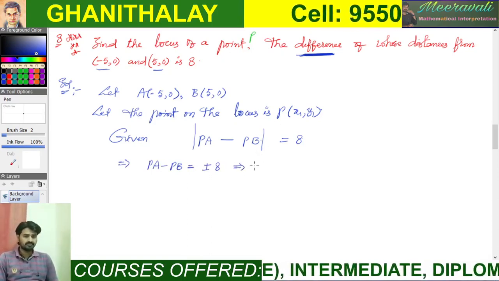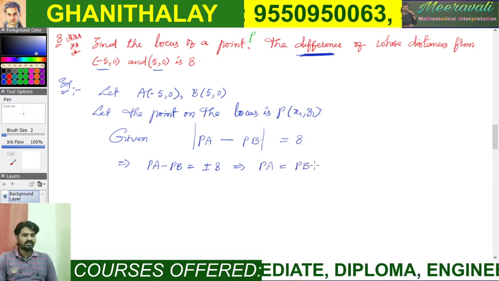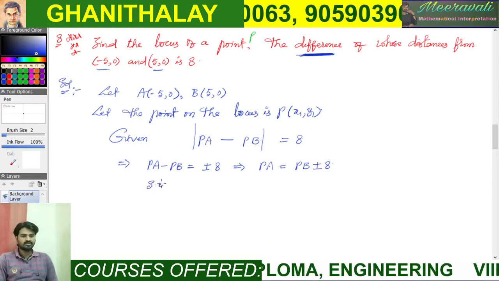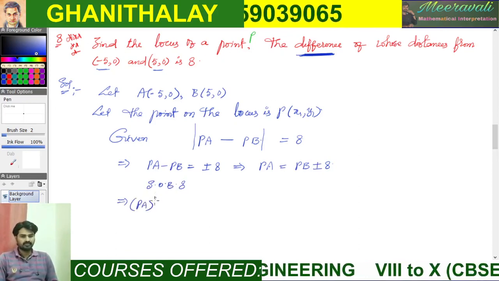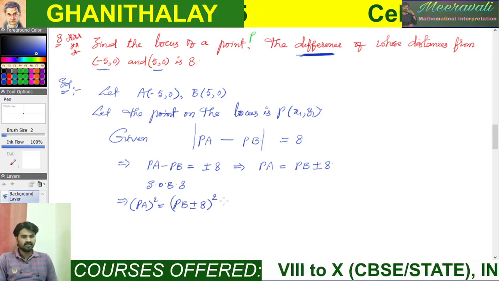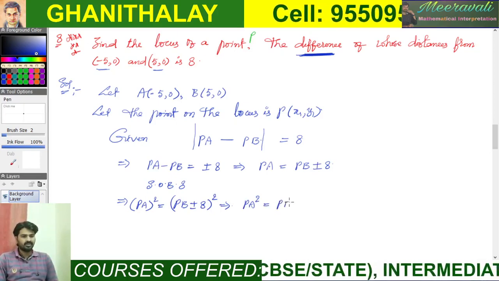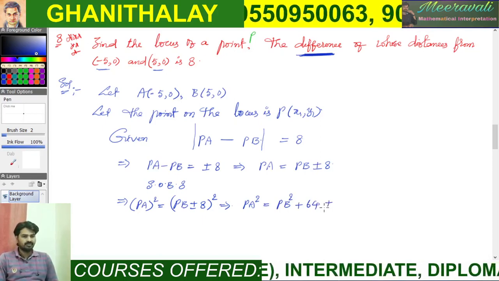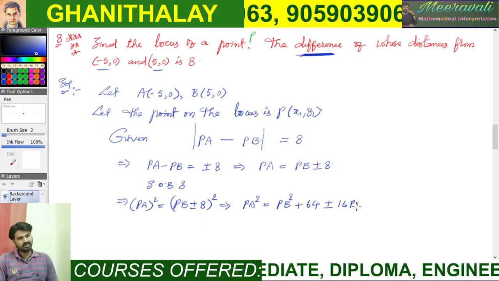Now take PB to the right side: PA is equal to PB plus or minus 8. Squaring on both sides, we get PA square is equal to PB plus or minus 8 whole square. Now expanding the (a minus b) whole square formula on the right hand side: PB square plus 8 square, that is 64, plus or minus 2ab, that means 2 into 8, 16 PB.